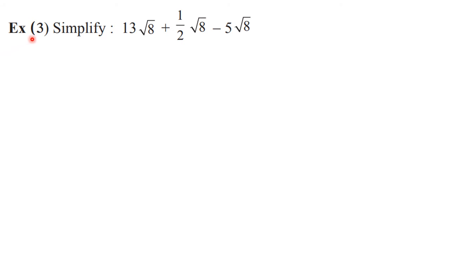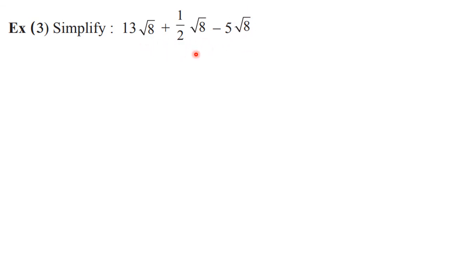Example 3, simplify. Now this is little bigger. 13 root 8 plus 1 upon 2, or half, root 8 minus 5 root 8. So here we have 3 surds. As I have said, to decide whether they are equal or not, we have to observe the irrational part. What we can observe here is the irrational part is exactly same.